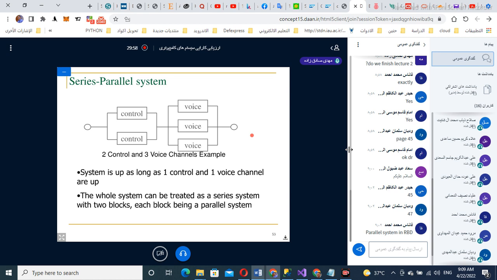But if two controls fail or three voices fail, the system fails. If one of each works, for example this control and this voice, the system works. The whole system can be treated as a series system of control and voice with two blocks, each block being a parallel system in this figure.